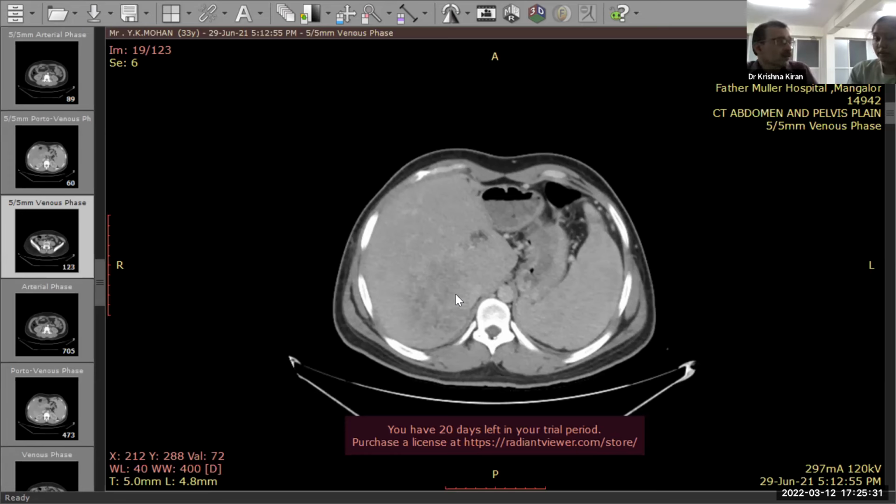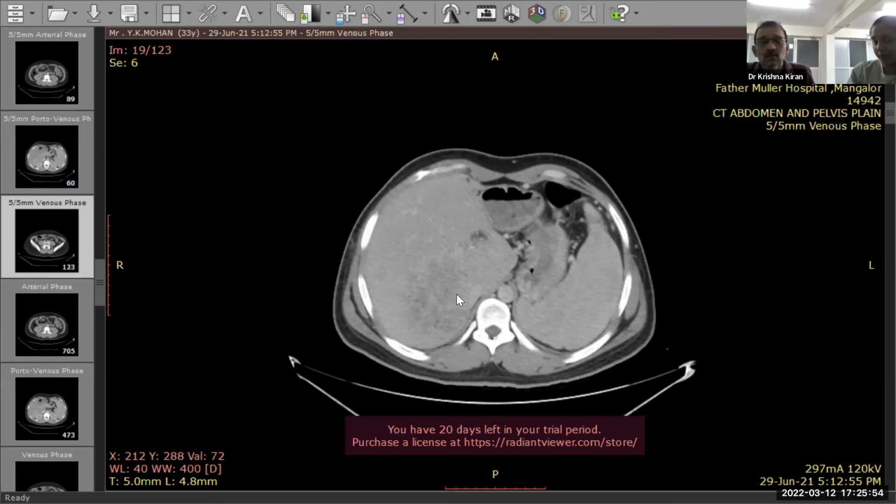So what happened finally? The patient underwent FNAC from one of the right lobe lesions, and the FNAC showed granulomatous inflammation. They had also sent a sample for PCR GeneXpert for Mycobacterium tuberculosis, and it was positive.